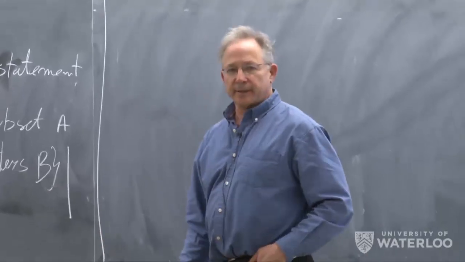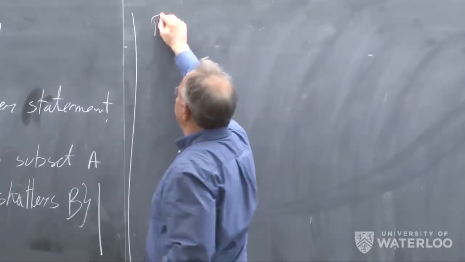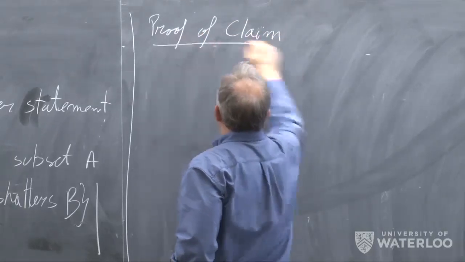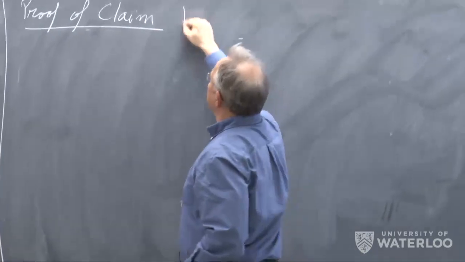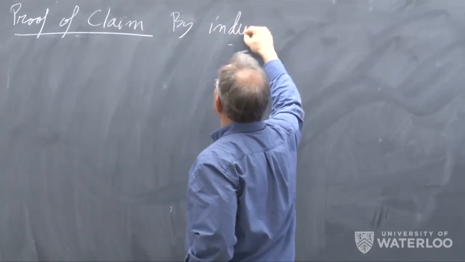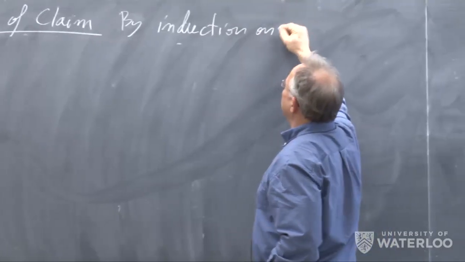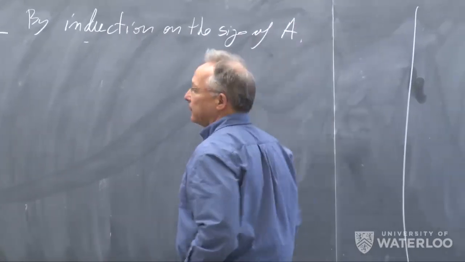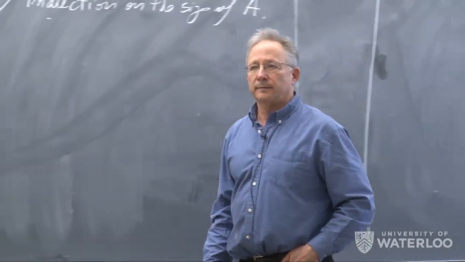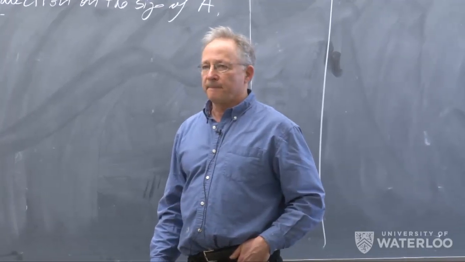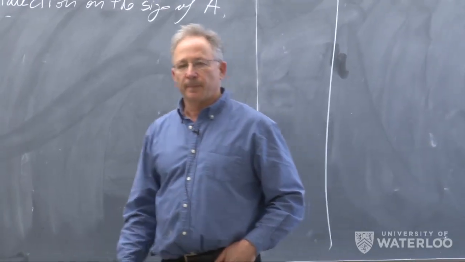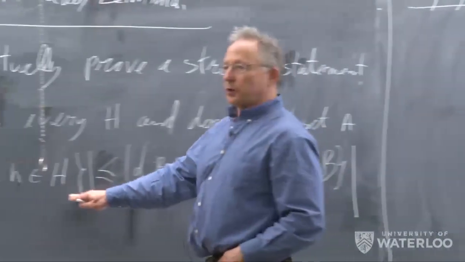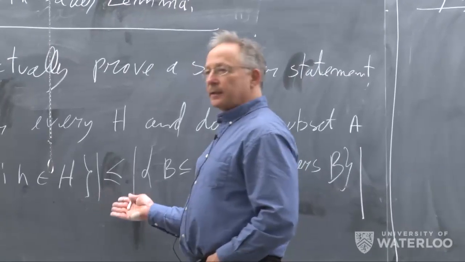Okay, so I want to prove this lemma, and the proof of the claim is going to be by induction on the size of A. So I want to show by induction on the size of A this kind of claim, which is a kind of strange claim.